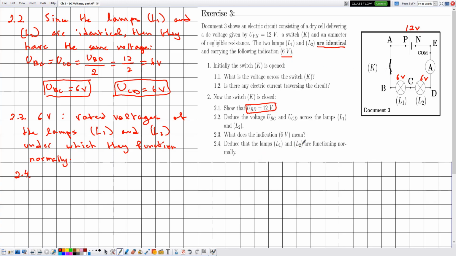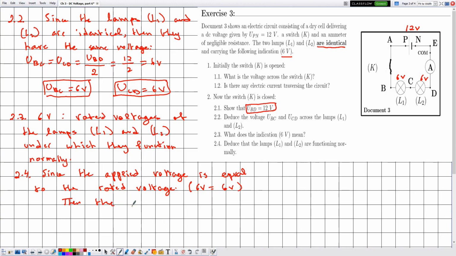Therefore the lamps L1 and L2 will function normally because the applied voltage is equal to the rated voltage. 6 volts is equal to 6 volts.